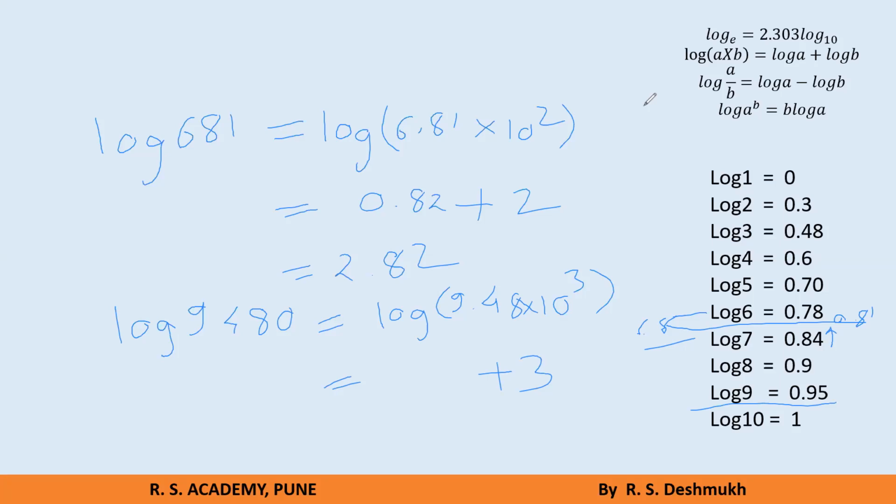That means if I say 9.5 is the mean of this, here it will become 0.975 and hence I will write here 0.975. So the log will become 3.975.